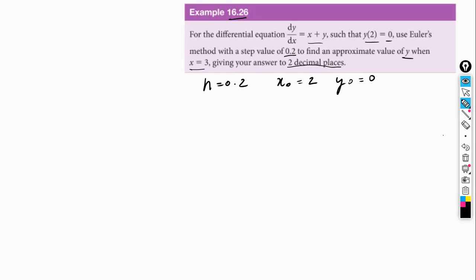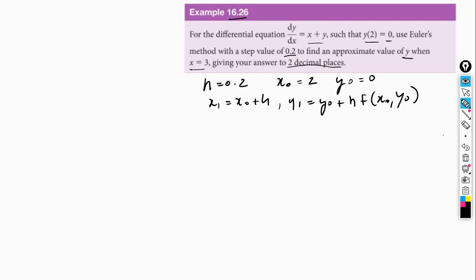Each iteration is going to be of the form: x1 is going to equal x sub 0 plus h, and y1 is going to equal y sub 0 plus h times f(x sub 0, y sub 0).